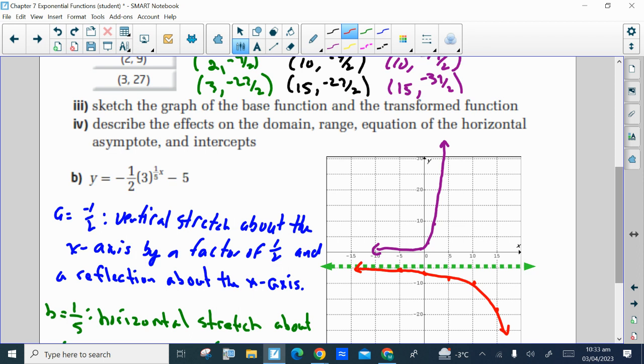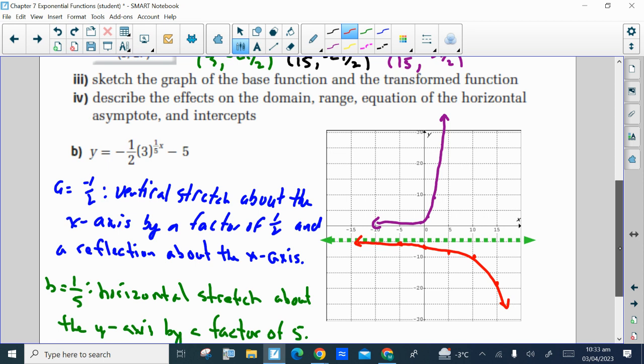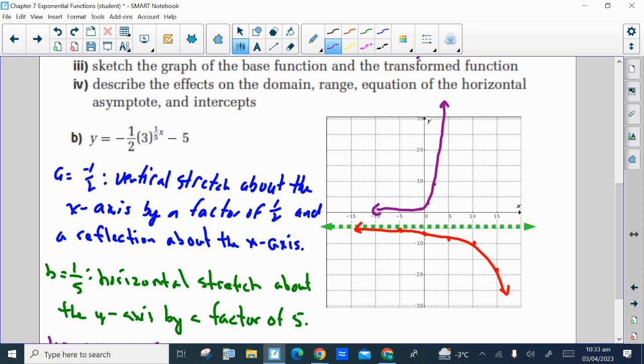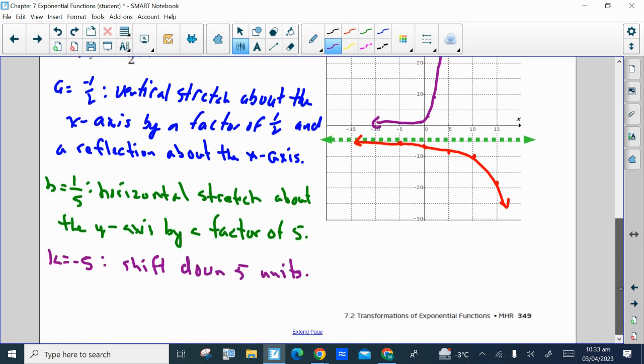Again, we have arrows on both ends. So our domain hasn't changed. It's still from negative infinity to positive infinity. But our range definitely changed.